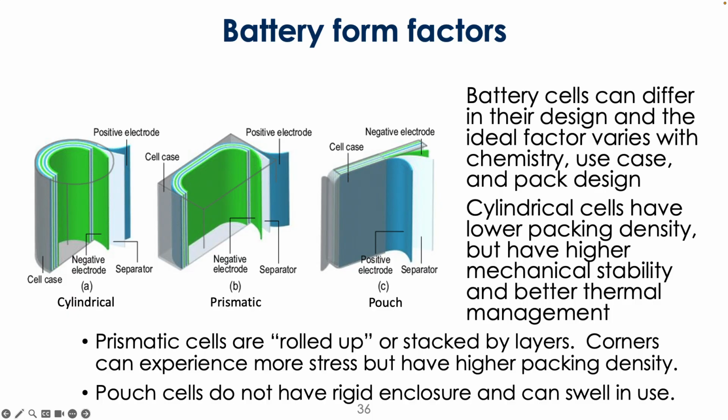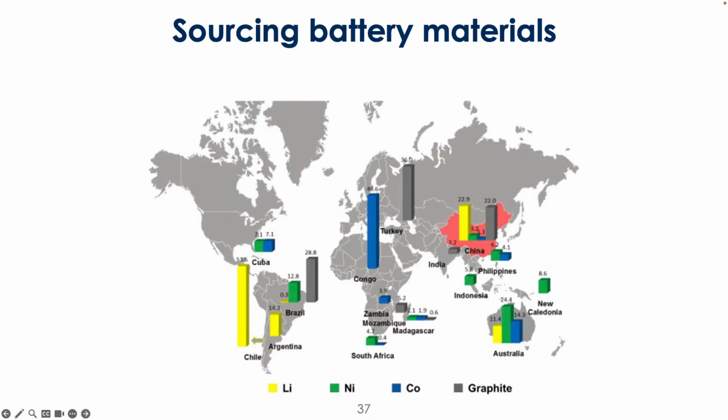Okay, and so that's on the form factors. So what about the battery materials themselves? Where do we source these things as they go into production? This is maybe a little bit more antiquated of a chart. In the last 2 or 3 years, there's been a big push to open rare earth mines and locate more resources.